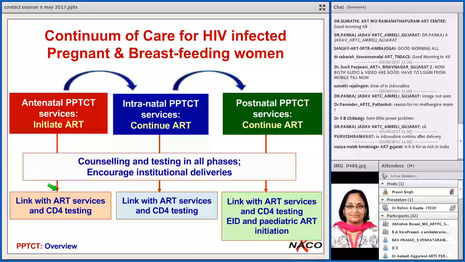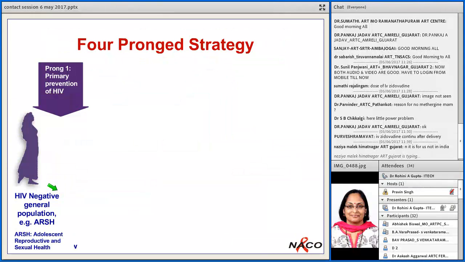So all three of them have to be linked. If the mother is diagnosed during breastfeeding, again she is counseled and linked with the ART services, and all babies born to these mothers need to be linked to the EID program, and if diagnosed infected, started on ART.